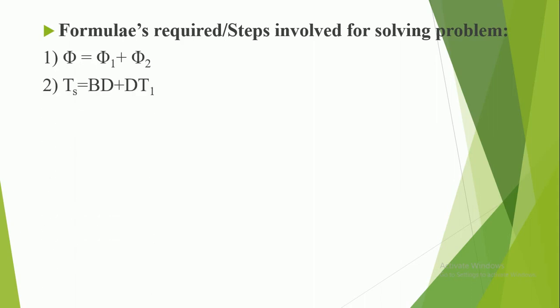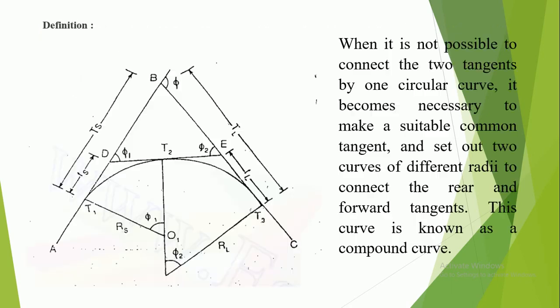Phi is the summation of phi 1 plus phi 2, that is, the deflection angle of the first arc and the deflection angle of the second arc. Ts is the distance of the shorter curve from the intersection point. In this case the intersection point is B, so the distance Ts is BD plus DT1.